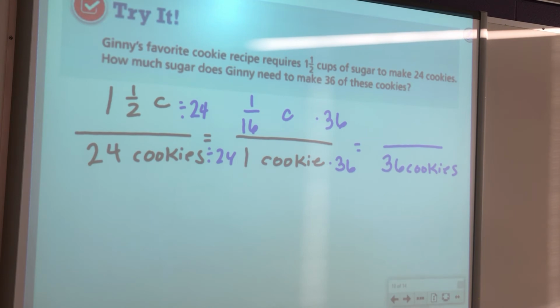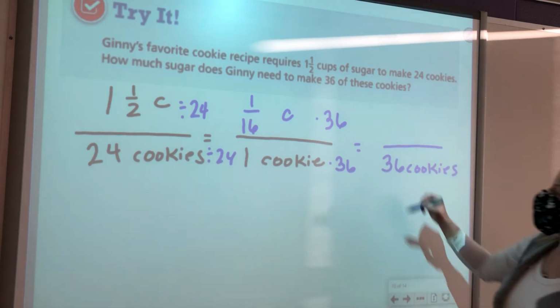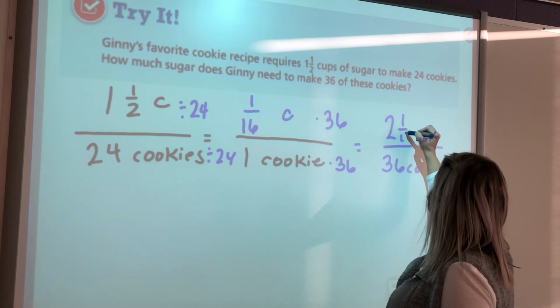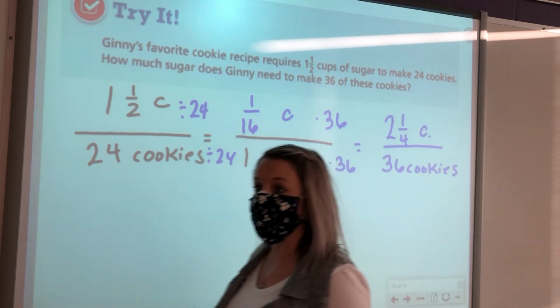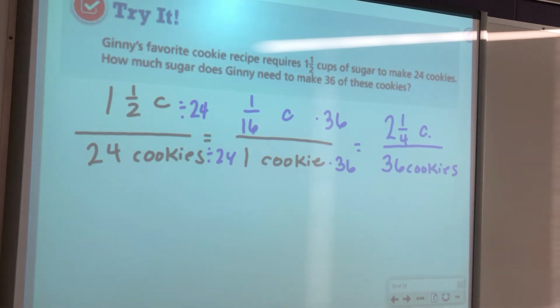Is that 1/16? So 2.25 cups of sugar to make 36 cookies.